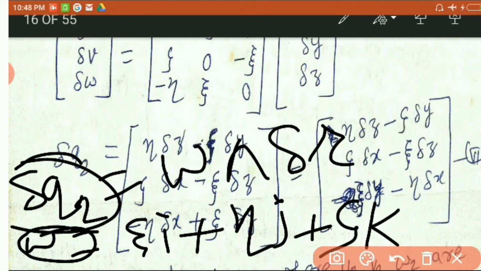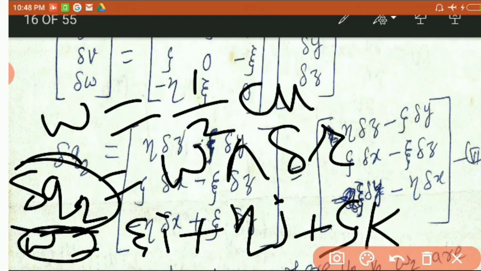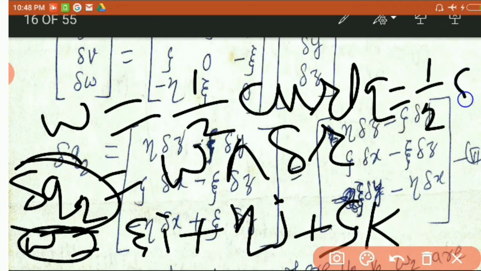Further substitution for xi, eta and zeta shows that this omega is equal to 1 by 2 curl q, and that is equal to 1 by 2 zeta.